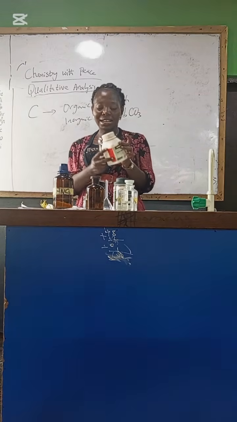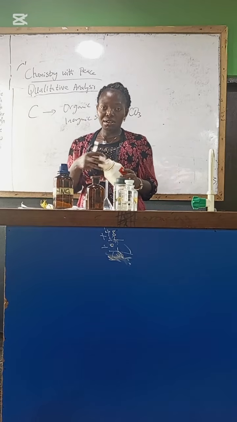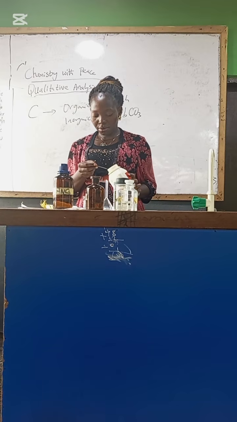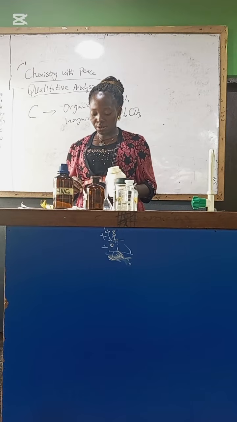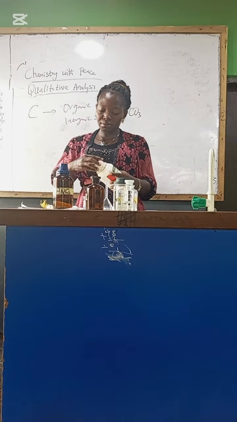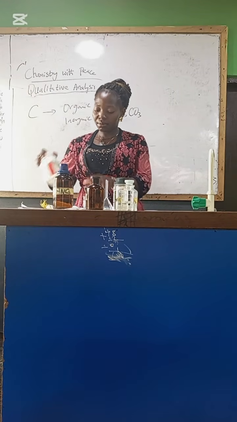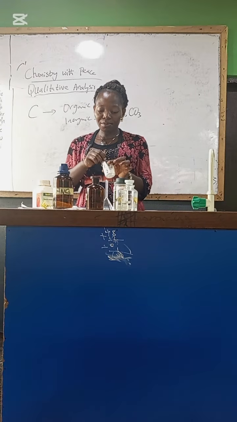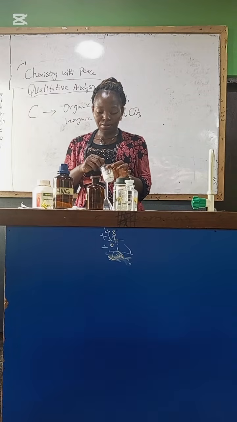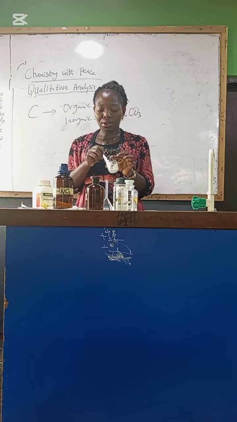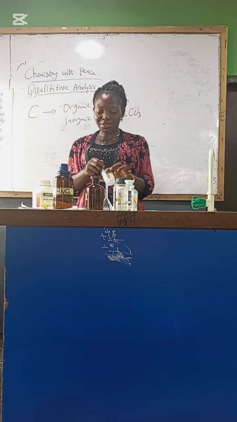Then here is our starch, the second salt given. One spoonful of starch. You can see I'm turning it very well. So you can see it's white in color.